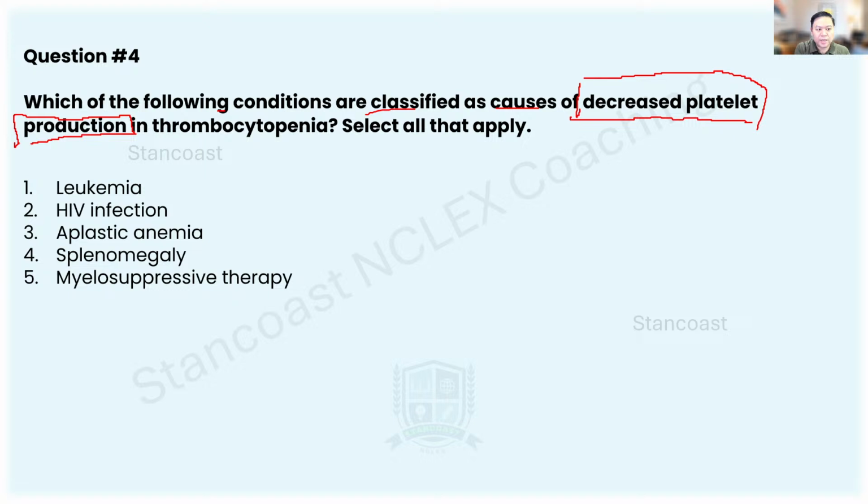We're not talking about the increased destruction. Those are two different things. As I have mentioned during our first slide, there are 4 different contributory factors in the development of thrombocytopenia. So please be careful in understanding those terms.